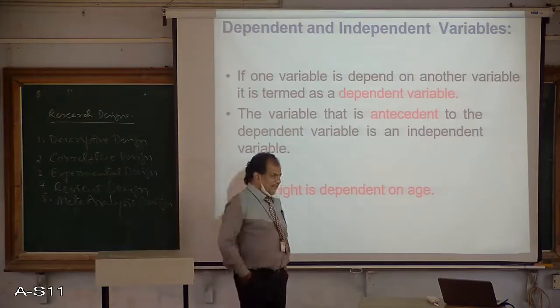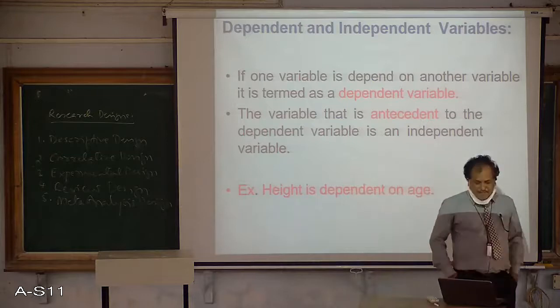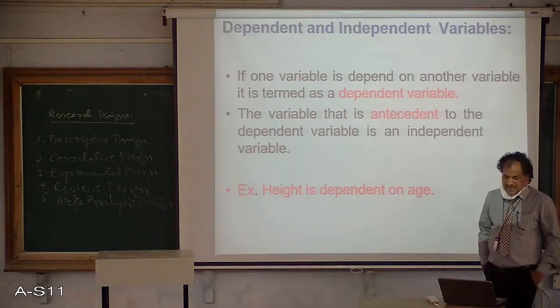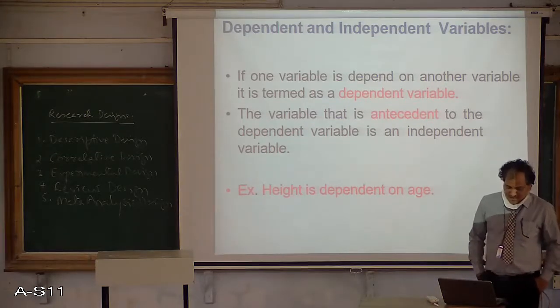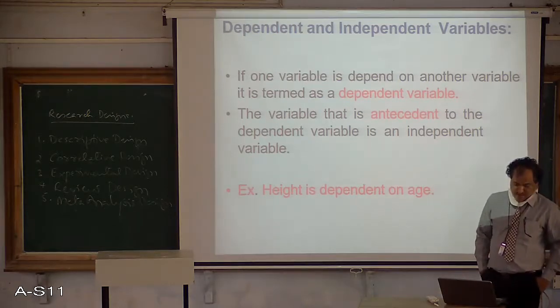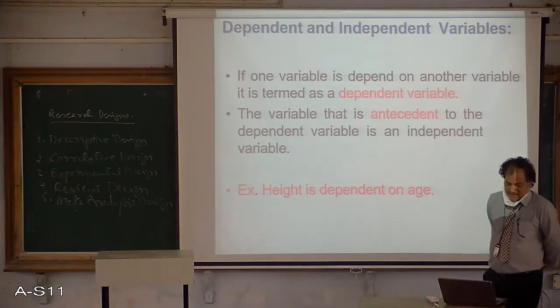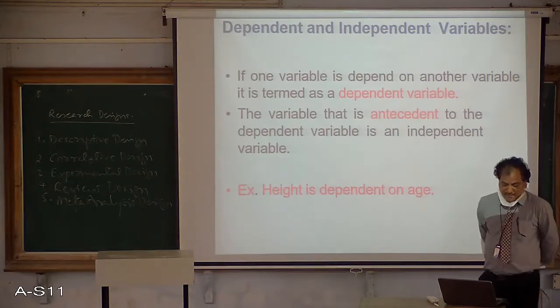The person who is going to stay in that particular city becomes the dependent variable. But the other kind of variable is called the independent variable, and we technically define it as the variable that is antecedent to the dependent variable.